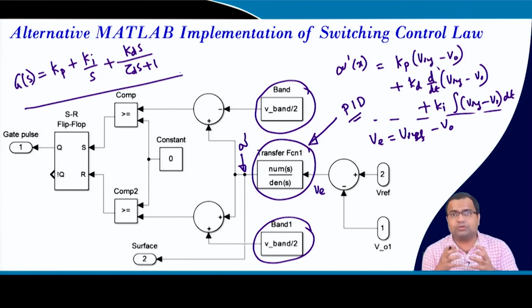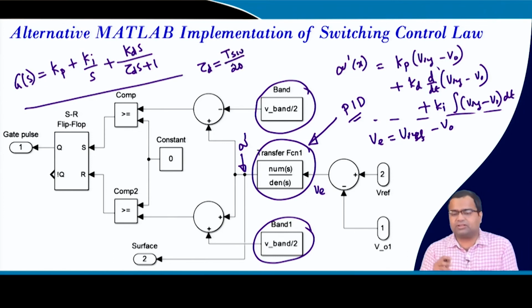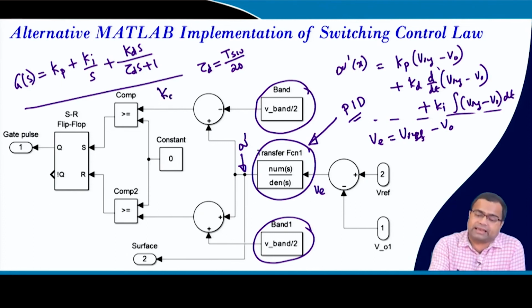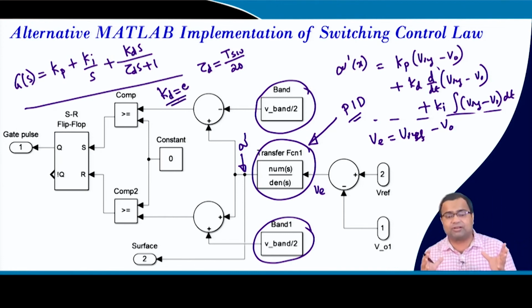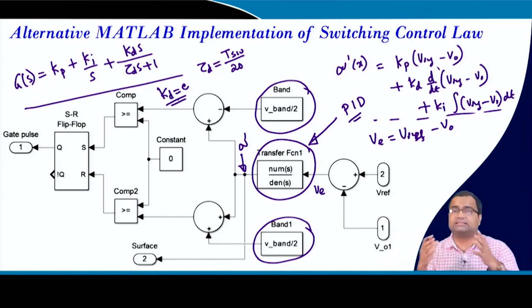How to choose this Kp, Ki, Kd, we will discuss, but here I have chosen the time constant to be very small. I have chosen the switching period by 20, because then we will get close to a derivative action. I have chosen K derivative to be C, because we want to link this PID controller to look like a switching surface, that we will discuss in the next lecture.